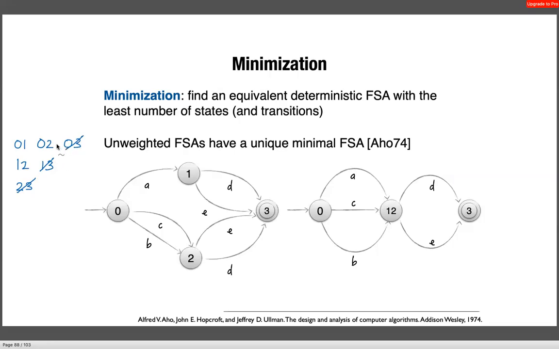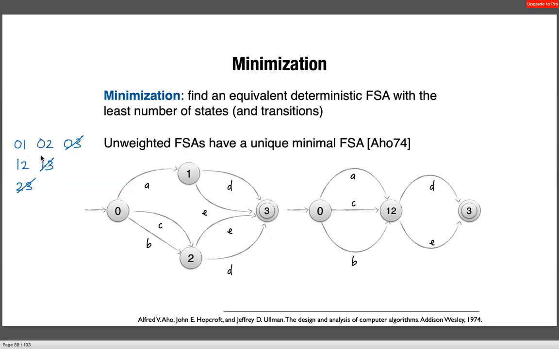And now you're going to keep repeating the following sequence of steps. You go through all the remaining unmarked pairs, and say I consider one unmarked pair, say (A,B), and from that pair, I look at the state pair that I reach on a particular symbol, say a.